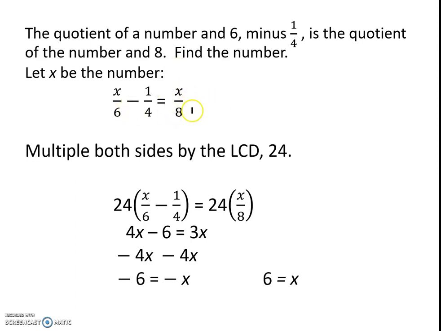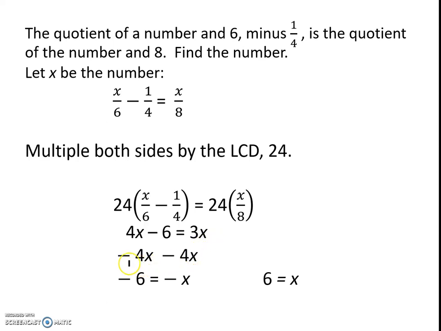So now we have our equation, and we're going to solve by multiplying by the LCD. We multiply by 24, which is the LCD of 6, 4, and 8. 24 times x divided by 6 is simply 4x. 24 times a negative 1/4 is a negative 6. And 24 times x divided by 8 is 3x.